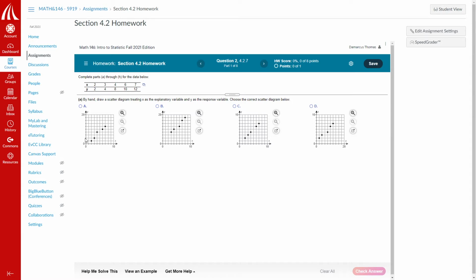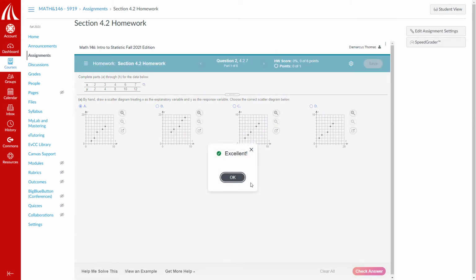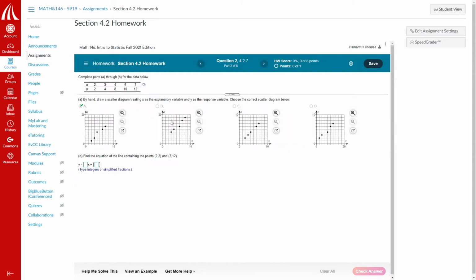So we got 2, 4, 6, 8, 10, 12, 14, 16, 18, 20. So 2 by 2, 3 by 4, 4 by 8. So I like A. I think the key is realizing that the Y scale is doubled.